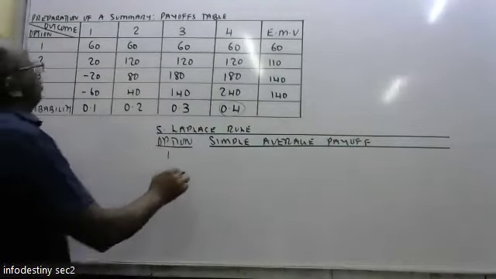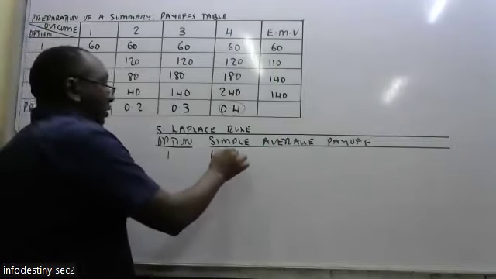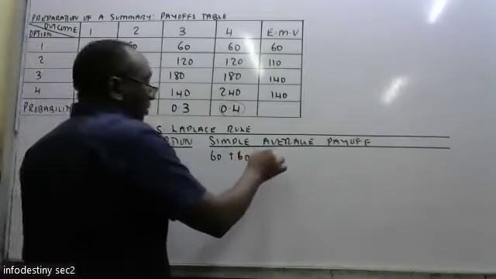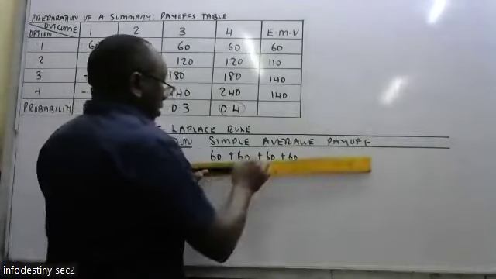So in option 1, you take 60 plus 60 plus 60 plus 60.